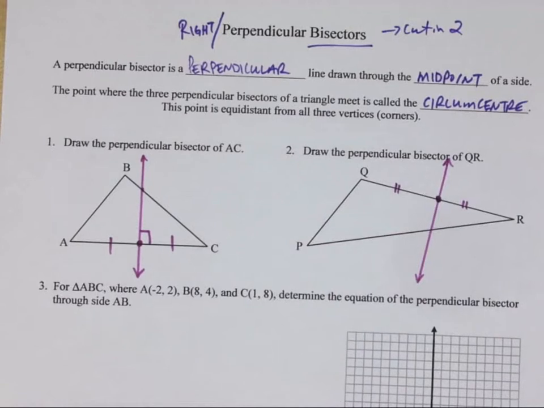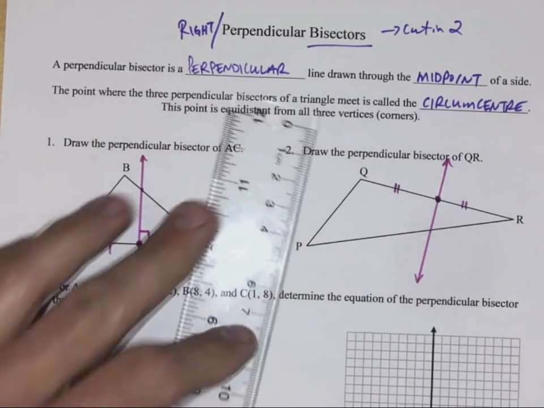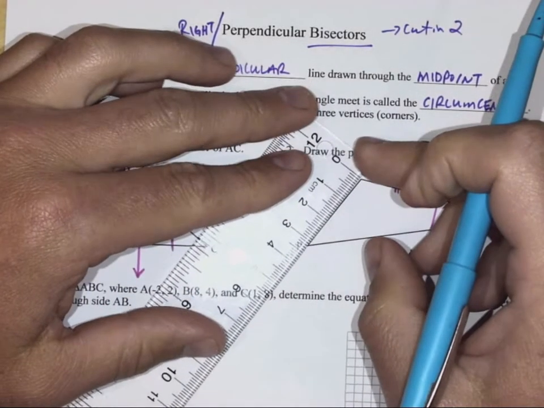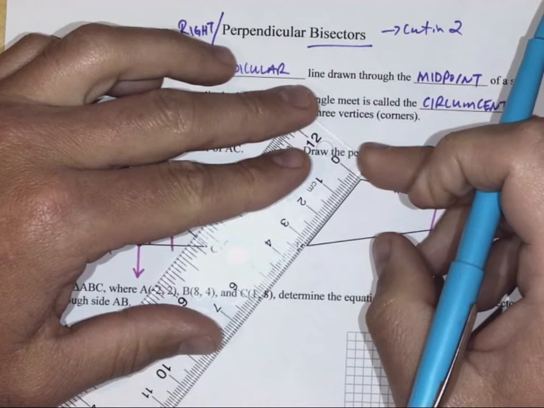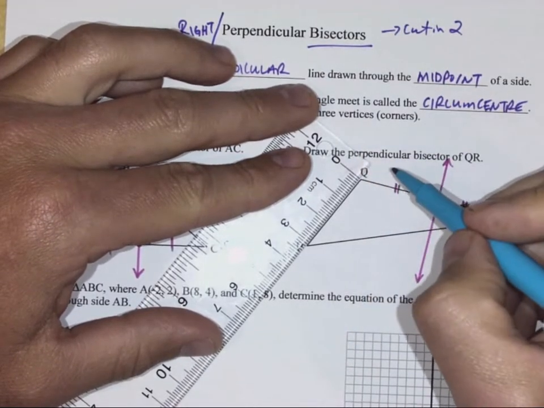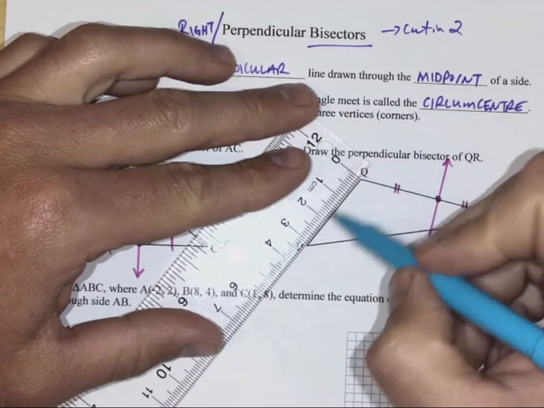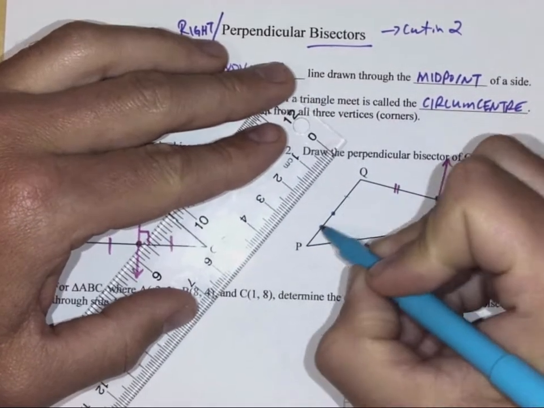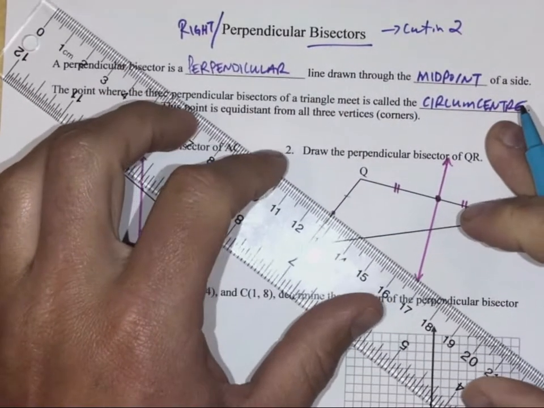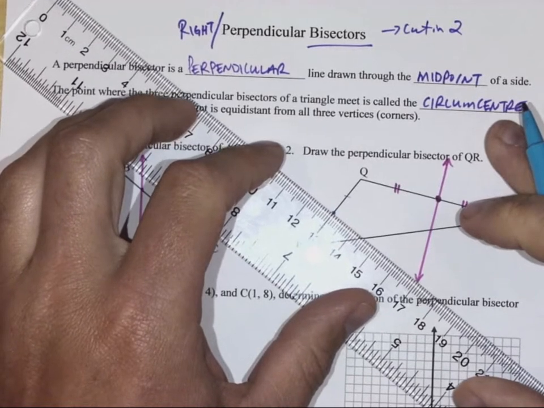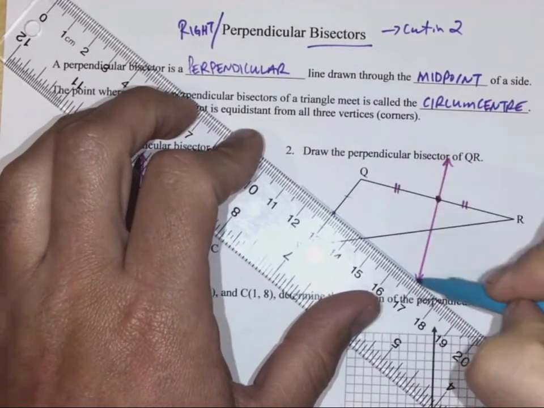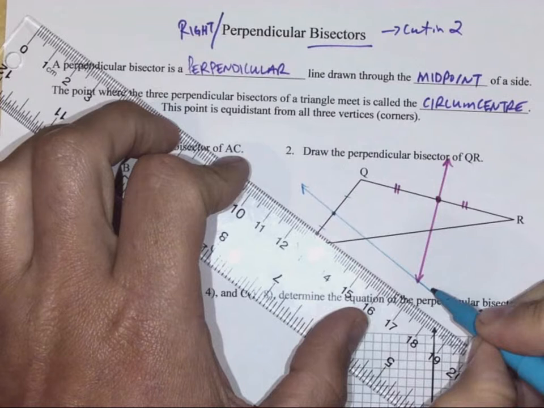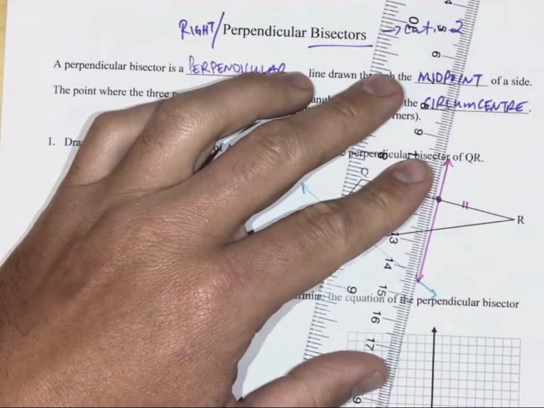If I want to look at all the rest, let's see how they go. If I look at Q and P, it's hard because I can't get my eye right over it through the camera. Again at 90 degrees. It's outside the triangle, and that's okay. I'm going to extend this even further.